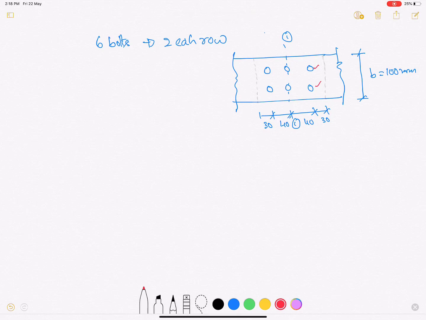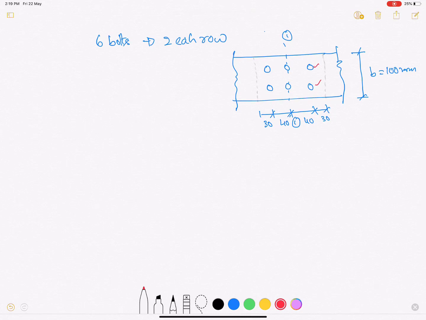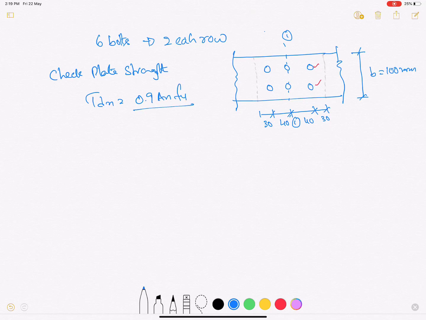member tension rupture or yield capacity, which is going to be predominant over here. So we already discussed the tension TDN, the check of plate strength. TDN equal to 0.9 times AN FU over lambda ML.